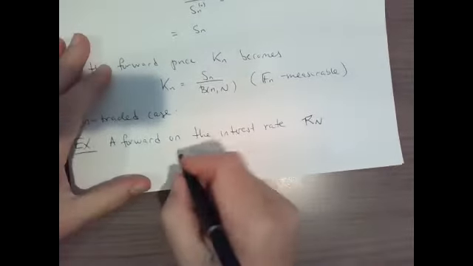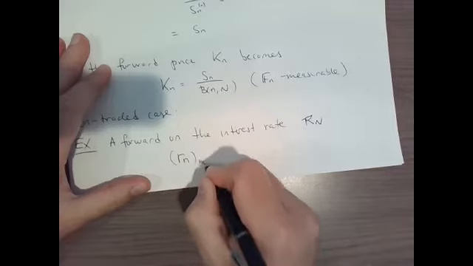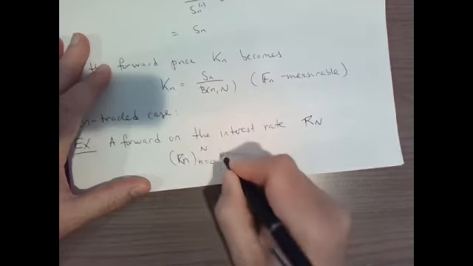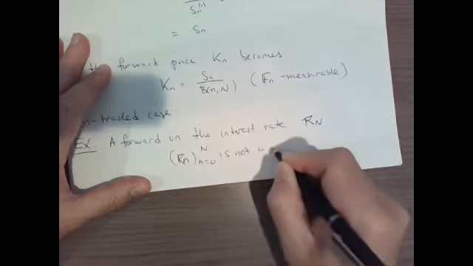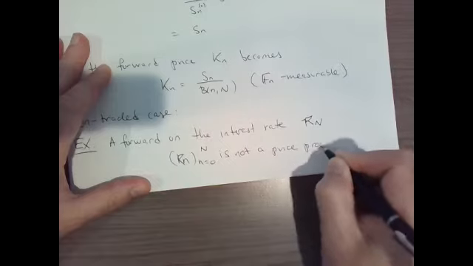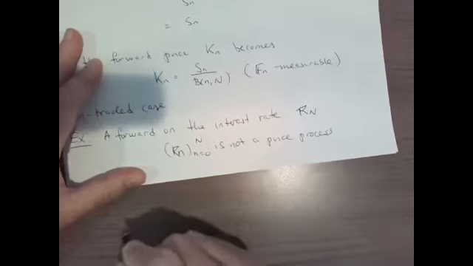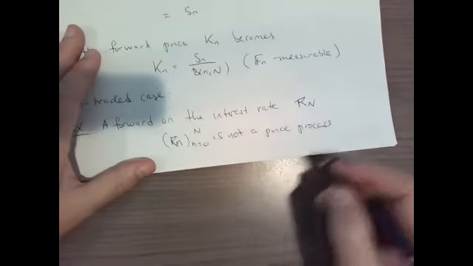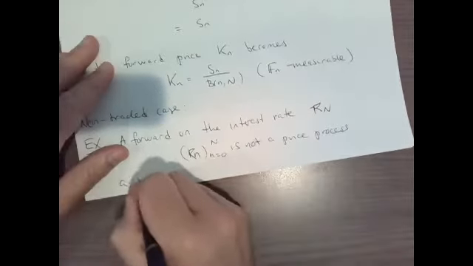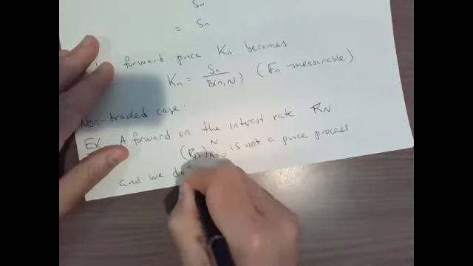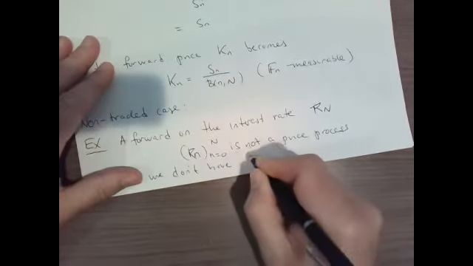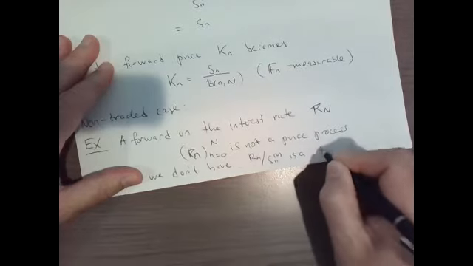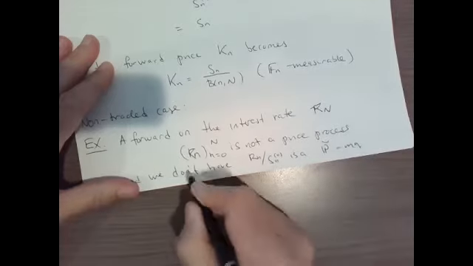Here Rn is not a price process. It's a rate. And we don't have that Rn divided by Sn0 is a P tilde martingale, right? We don't have that.